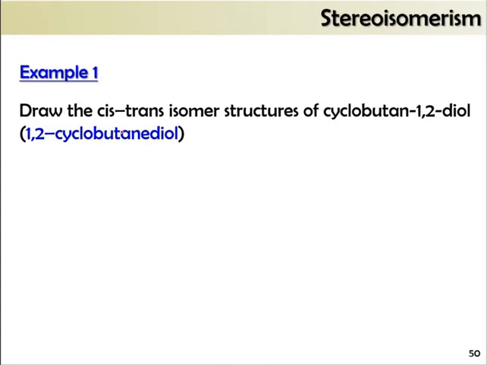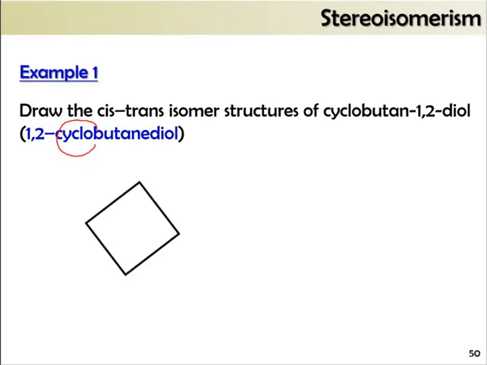So we have butane, which is 4 carbon. Okay, in a cyclic structure, because the name here has cyclo, so it is a cyclic structure like that.